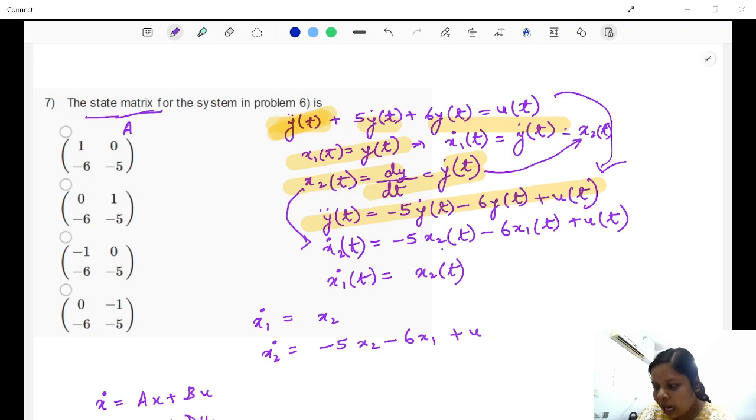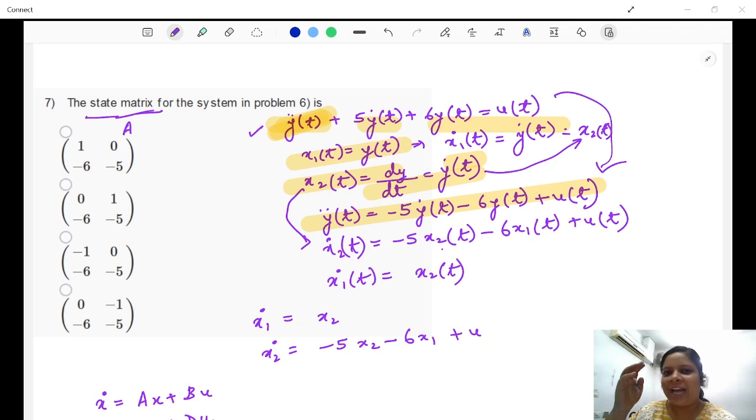So in our case it is second order, that means two state variables for sure. So x1, x2 have to come into the picture.